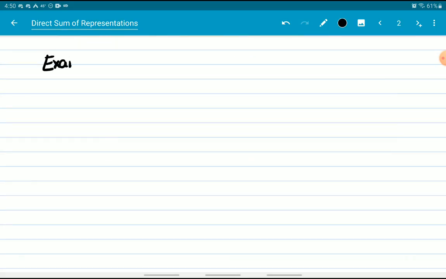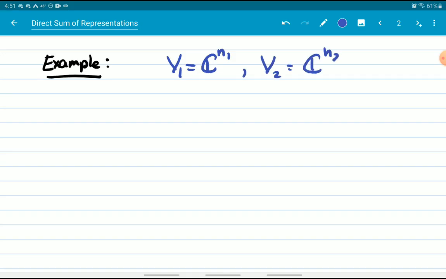So for instance, we can do this for matrix representations. Let's just do it with two factors. Maybe the two vector spaces are standard vector spaces. Then, in this case, the direct sum vector space you can identify with another standard vector space.